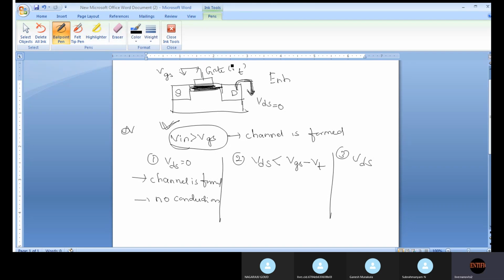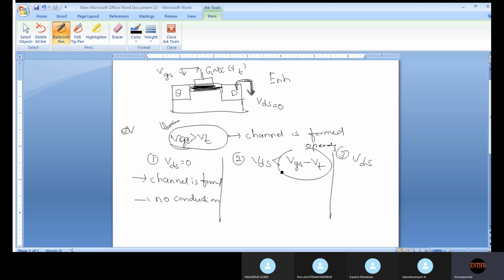The gate has some threshold voltage that is called VT. Because for silicon or germanium we have cut-in voltages, like 0.7, 0.3. So for all conditions, VGS should be greater than VT. So VDS is less than VGS minus VT. This is called the operating voltage.